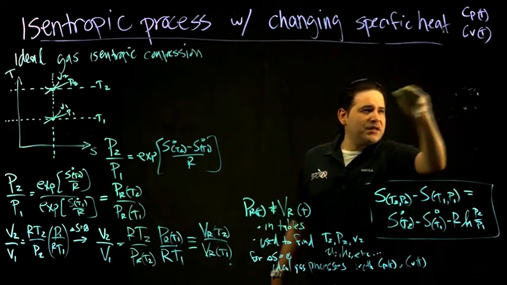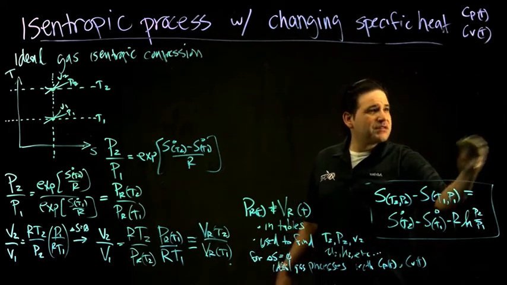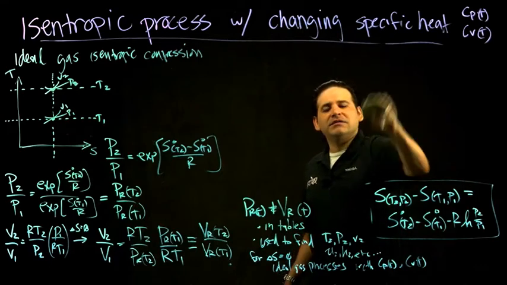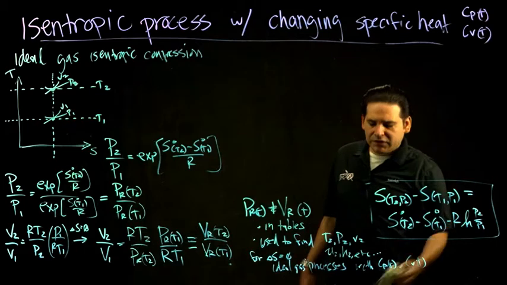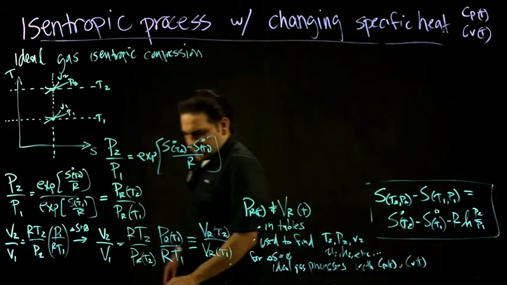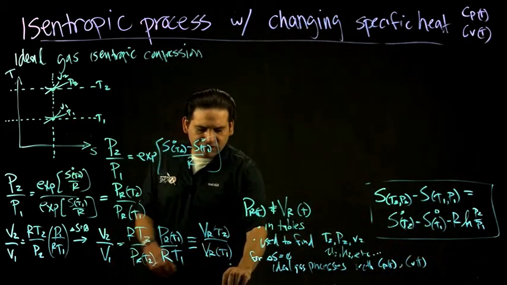We're going to apply this to a compression process where the ideal gas changes from a lower pressure to a higher pressure in an isentropic process.